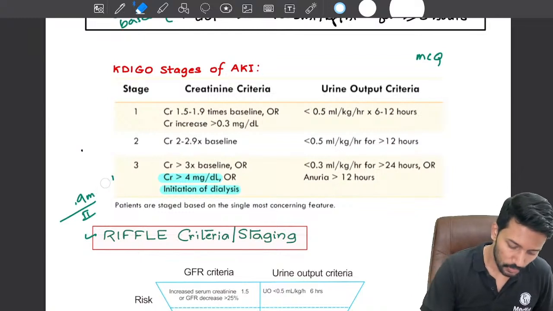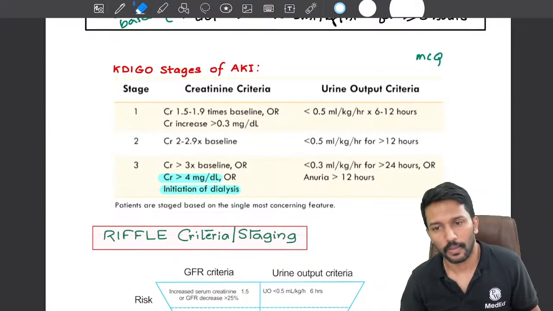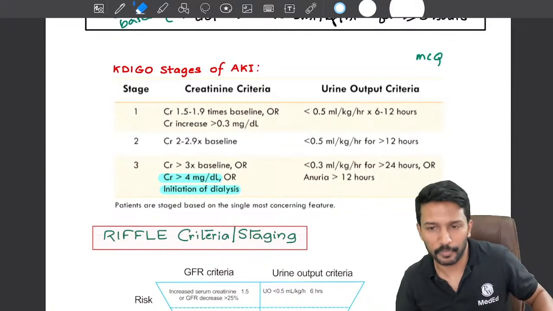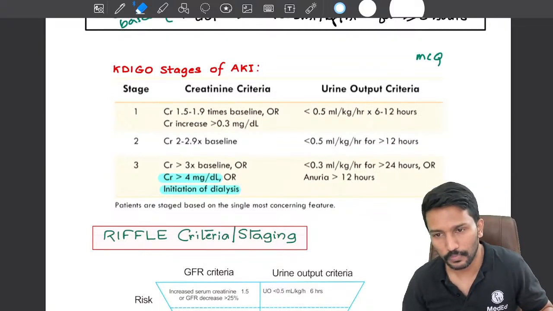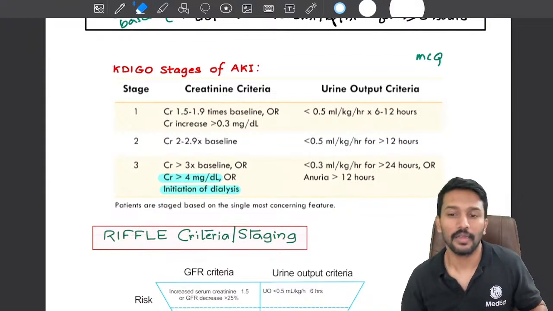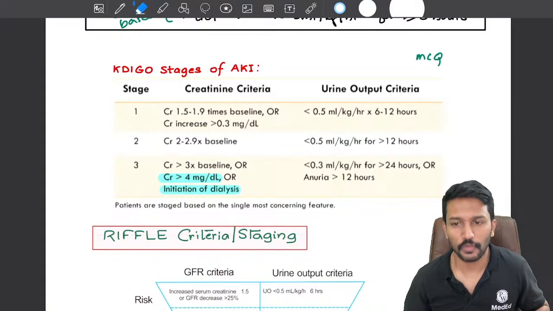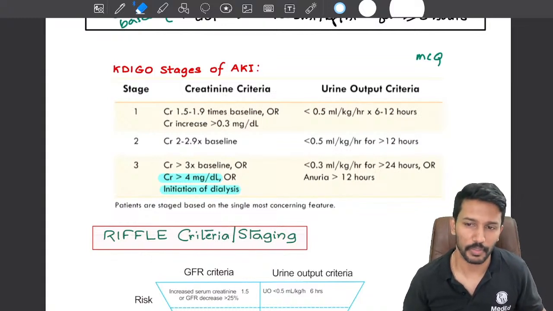There was one FMGE question saying that the patient's baseline creatinine was 1.1, and after an episode of hemorrhagic shock, the patient's creatinine has become 1.2. The patient has developed severe metabolic acidosis and anuria, and because of the anuria and metabolic acidosis, the treating doctor has decided to start the patient on dialysis.